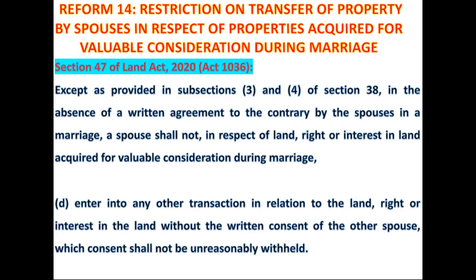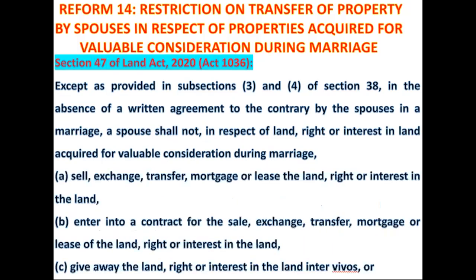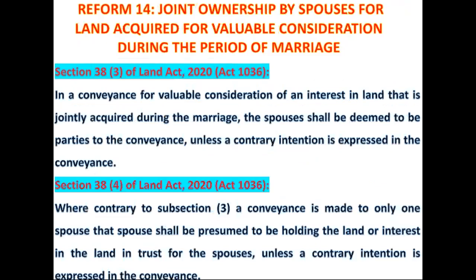But let me draw your attention to something, because if you look at section 38, there's a way around. It says that it must be a conveyance for valuable consideration of an interest in land that is jointly acquired during marriage. Acquired for valuable consideration. It means that if you are going to buy the land, that is for valuable consideration, so the other spouse must be a party to the transaction.